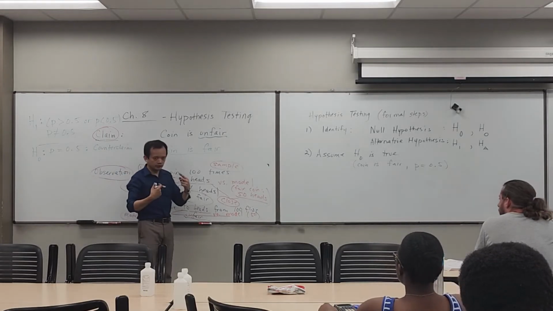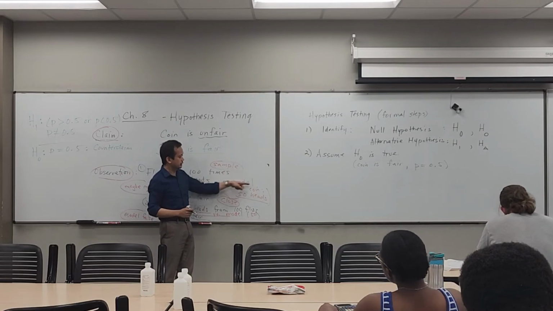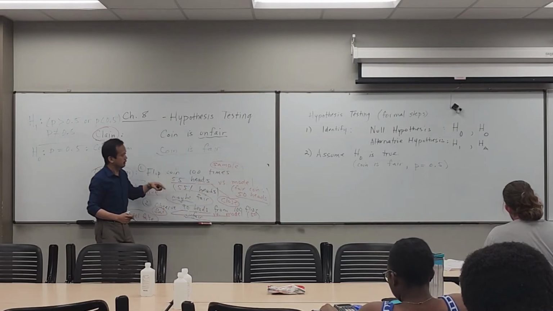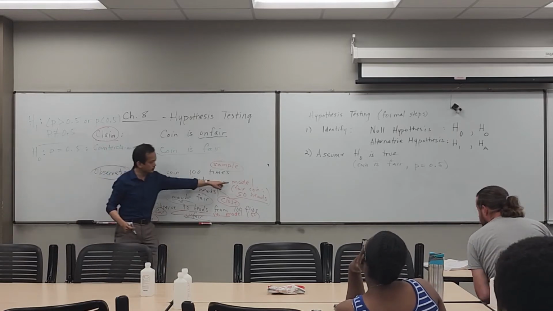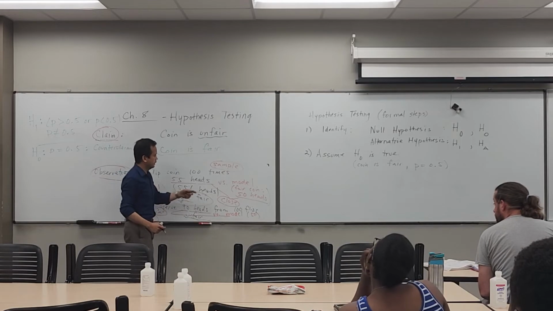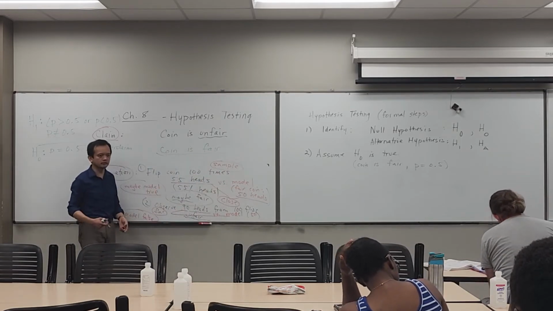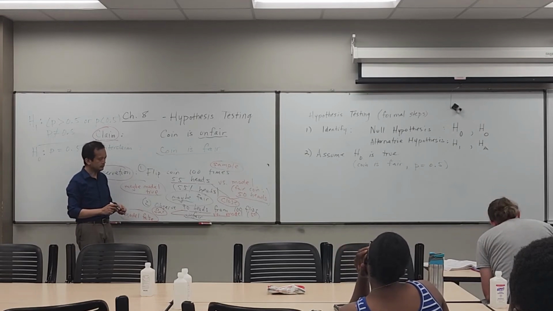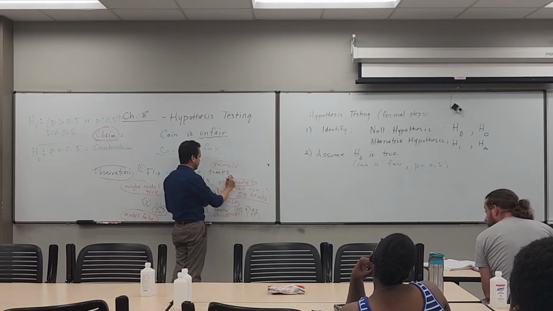But now you're starting to see that this model that we've been talking about generically is, in the case of hypothesis testing, the null hypothesis. Before, the model was that the coin is fair, but that's what the null hypothesis is. So now we know that the model is really the null hypothesis.